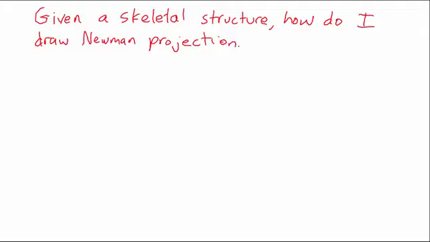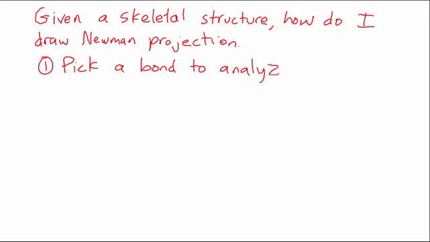So really you have to analyze one bond at a time. A Newman projection is only useful to analyze one bond at a time. So step 1 is pick a bond. A lot of the time you'll be told what bond to look at.